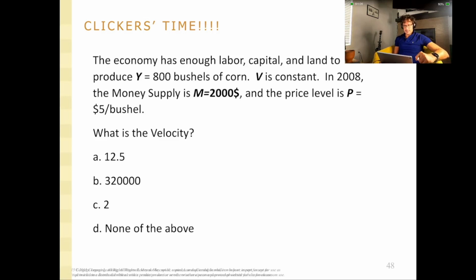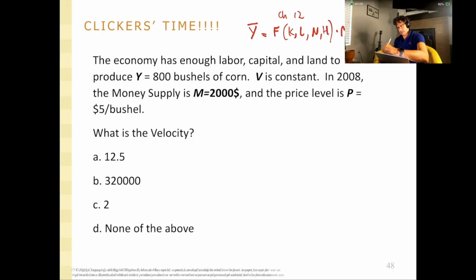Clickers time. So let's suppose that the economy has enough labor, capital, and land to produce Y equal to 800. Importantly here, output is actually determined, as in chapter 12, by the production factors: capital, labor, natural resources, human capital, and technology.